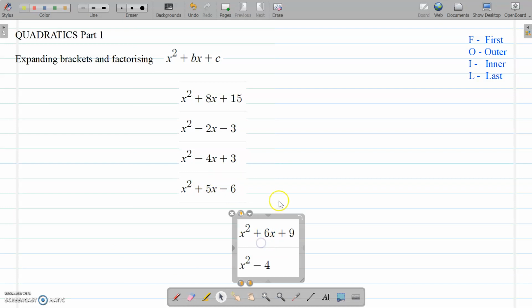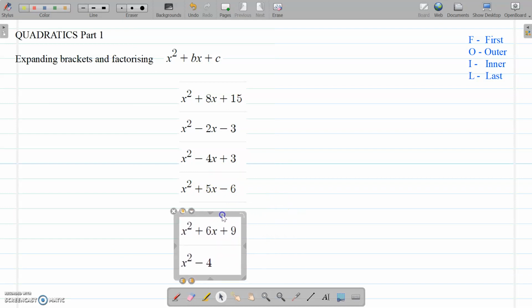I'm just going to take these back across here. So you can now imagine that you were given these expressions and asked to factorize them. The first thing I'm going to do is look at this. Notice that the term in front of x squared is always 1 at the moment. We're going to go on to when it's not 1 in a later video.